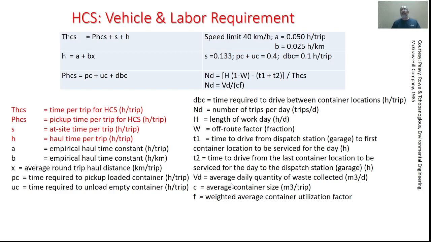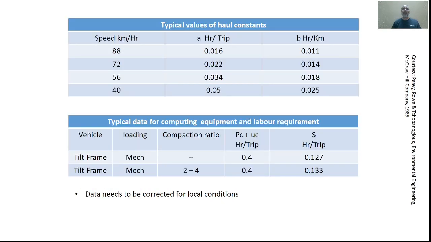Here this VD is the average daily quantity of the waste which is generated. This C is the average container size which can be served. This F is the weighted average container utilization factor. So, for given circumstances, this particular data needs to be determined.